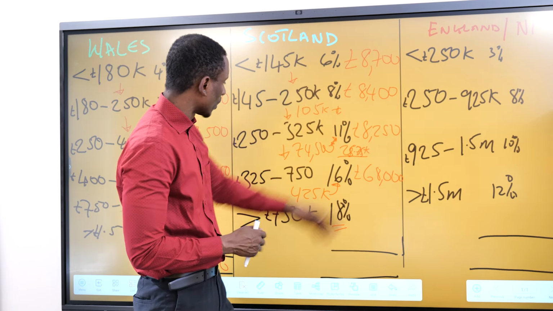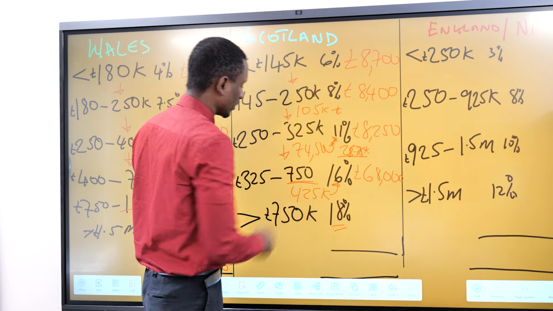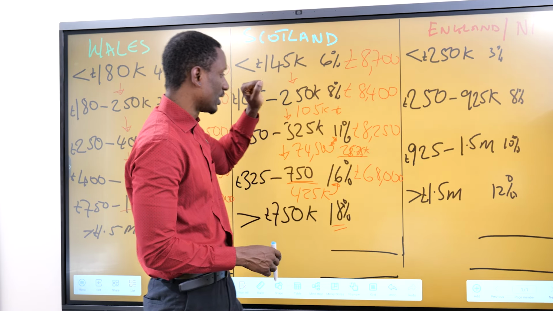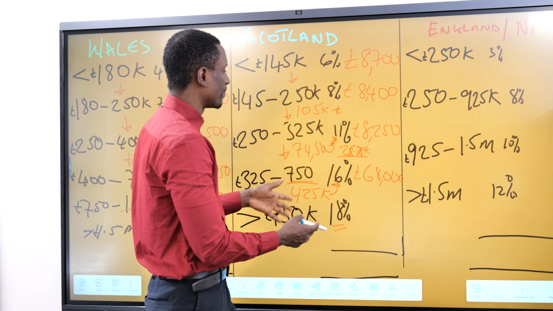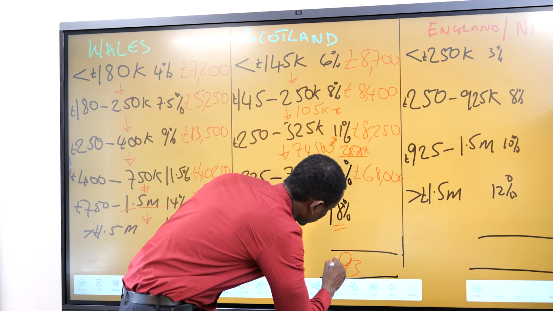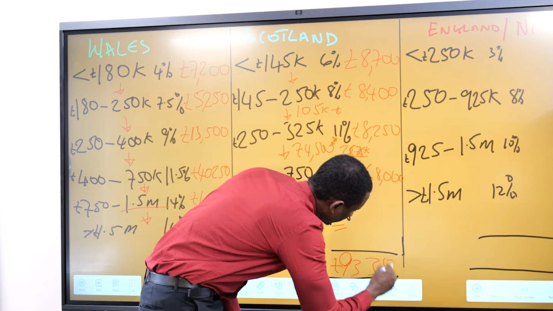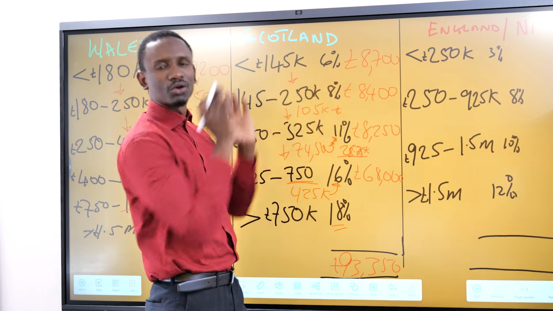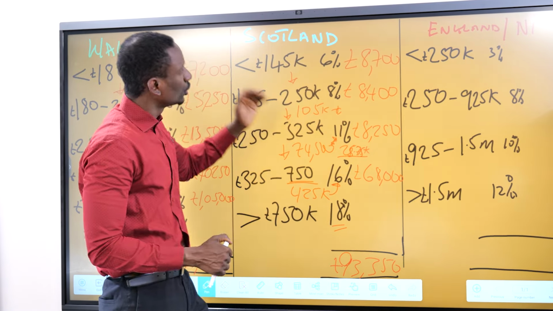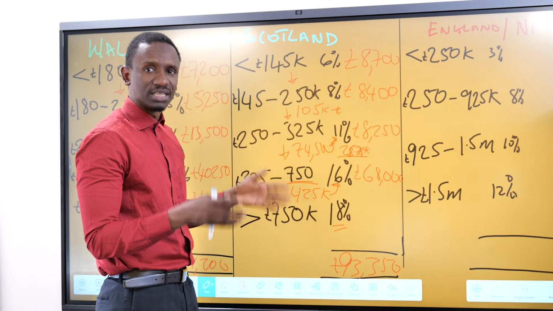So if we total this up, suppose we stop at £750,000, our total tax liability to the government of Scotland would have been, as I said earlier, £93,350. That goes to the government, no question asked. So these are the taxes you would pay for investing in Wales.